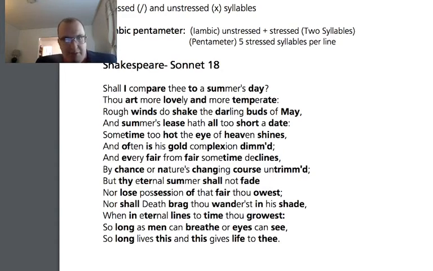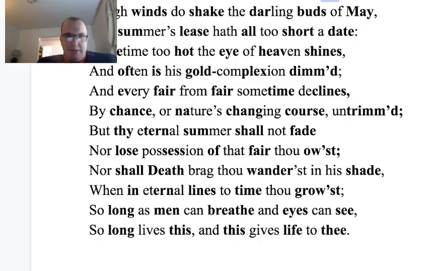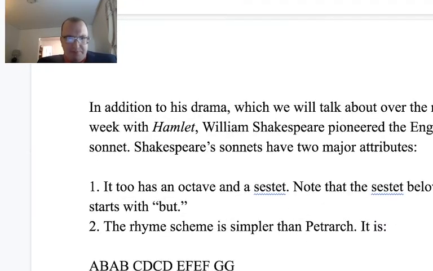You have the last 6 lines that are the sestet that solves the problem of whatever is being talked about in the first 8 lines. So again, you have this in common with Petrarch's sonnets.